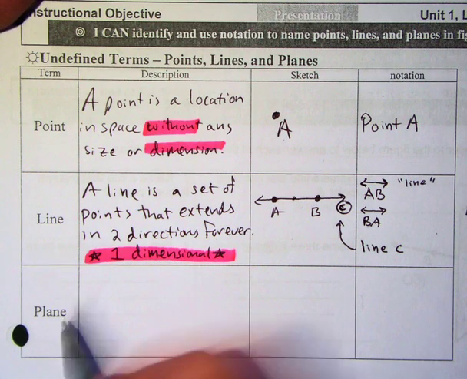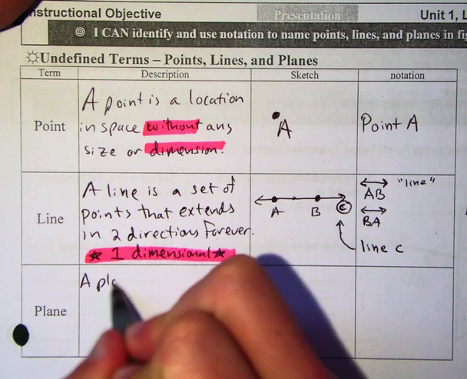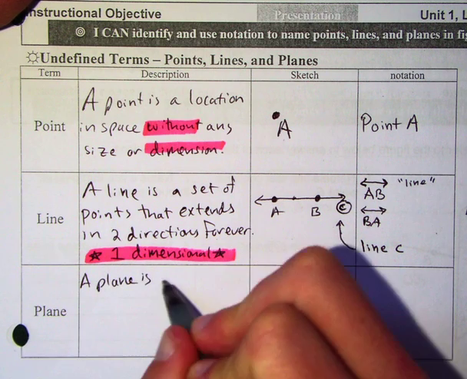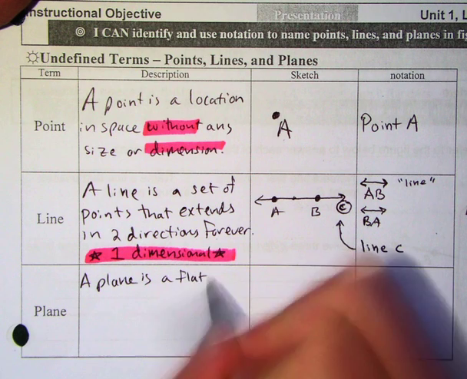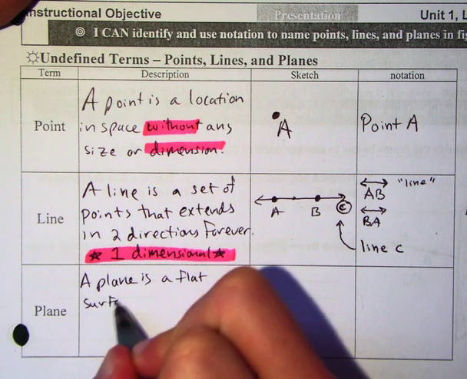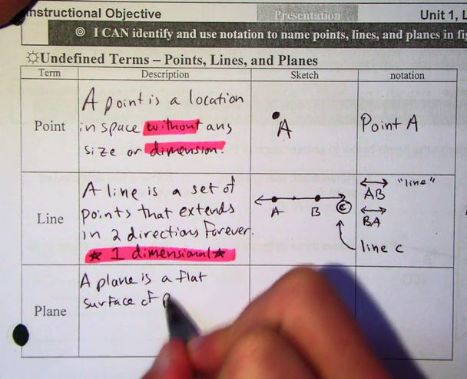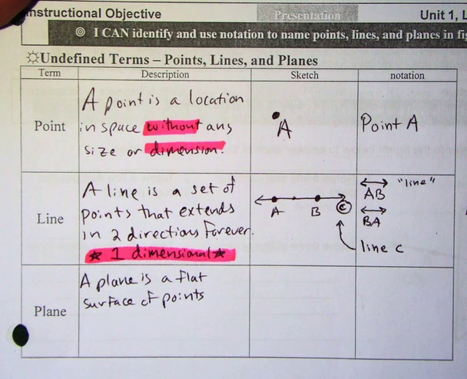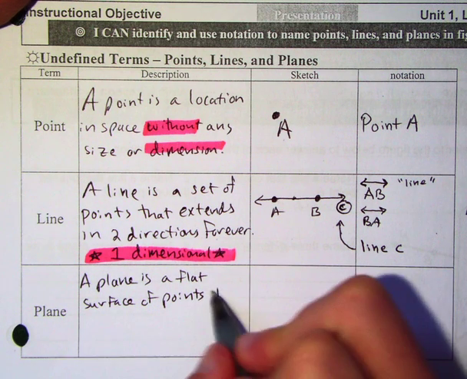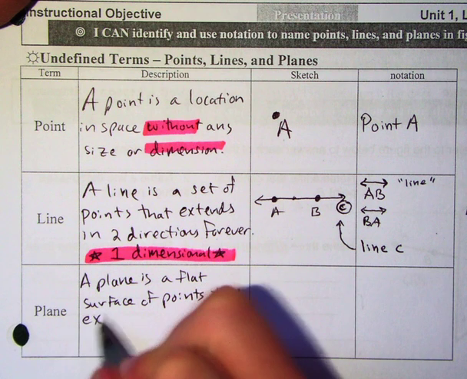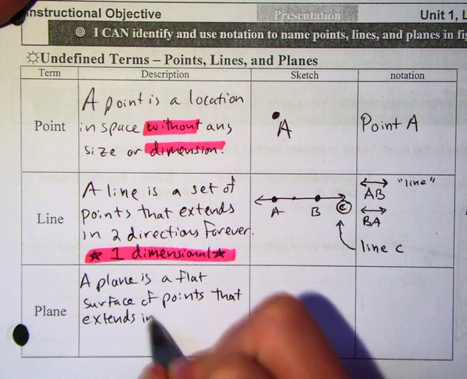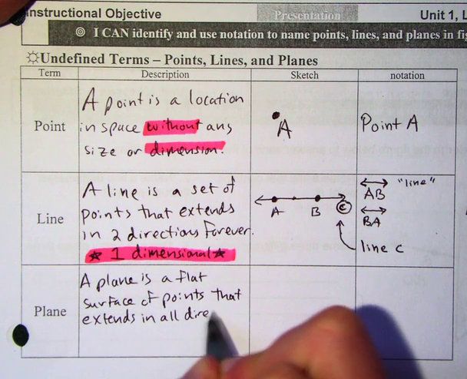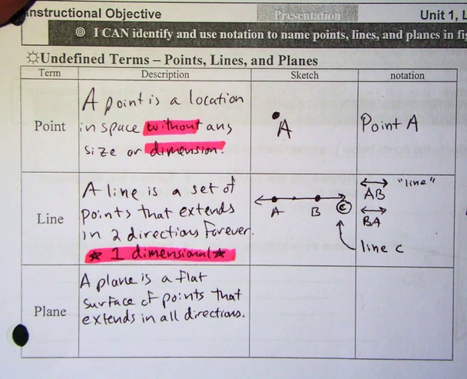And finally, a plane is a flat surface of points that extends in all directions and that goes on forever as well.